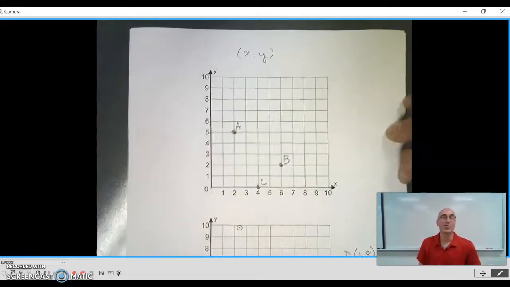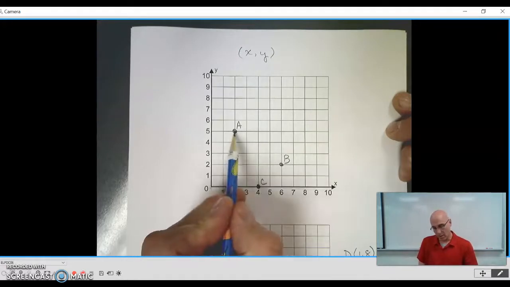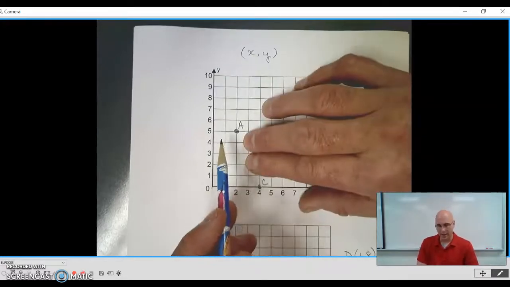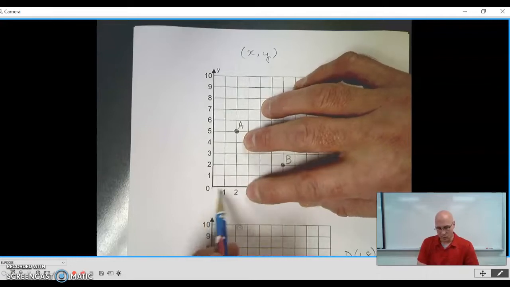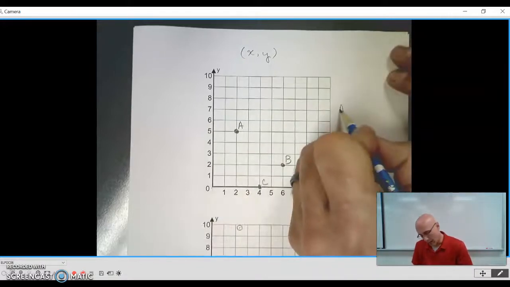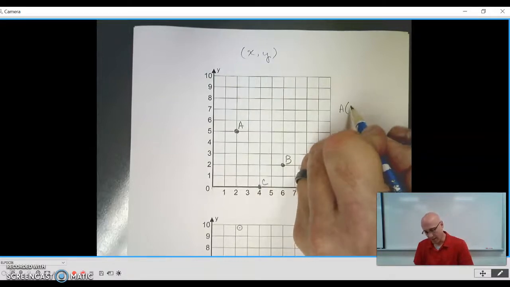So the first thing we are going to do is name points on this coordinate plane. So point A, we first name the x. We always go alphabetically, so x is first. We know that this point is 1, 2 units over. So when we write a point, we use the capital letter, and we put our x value first.